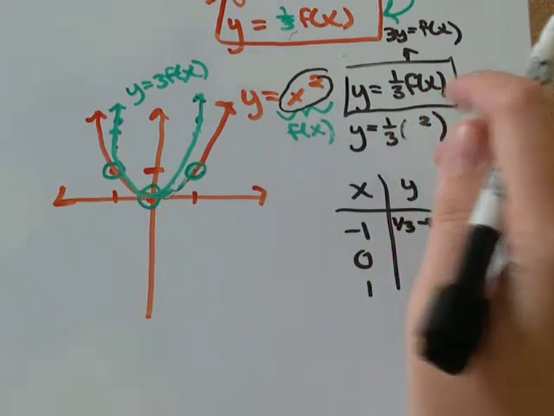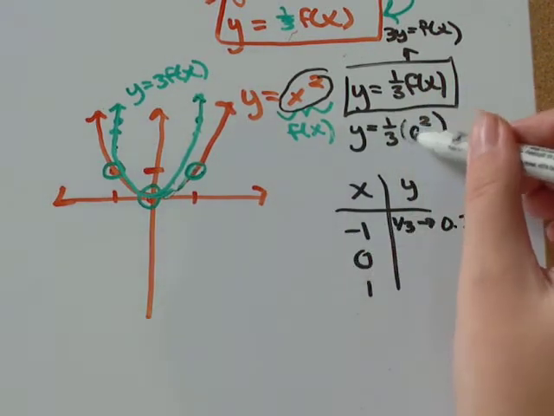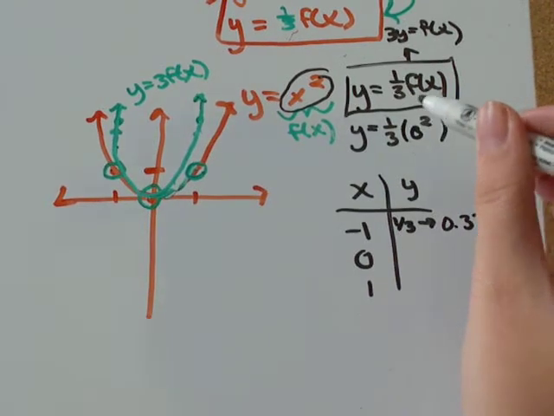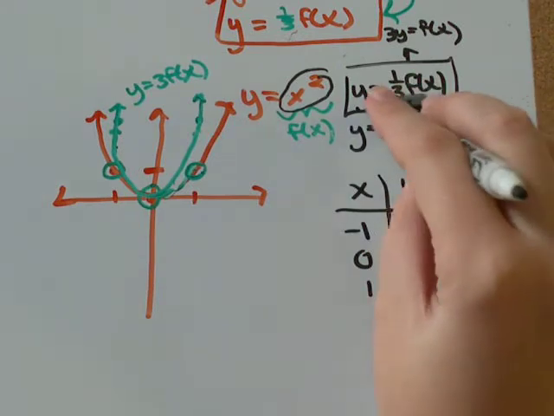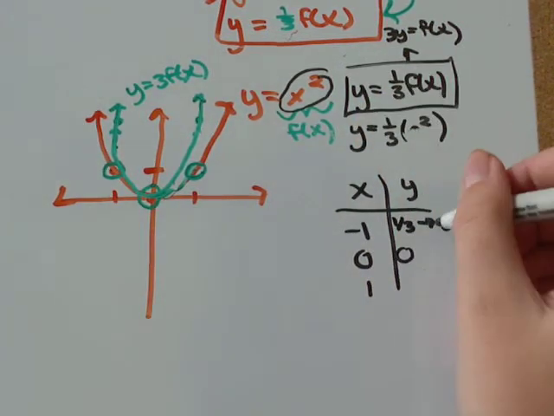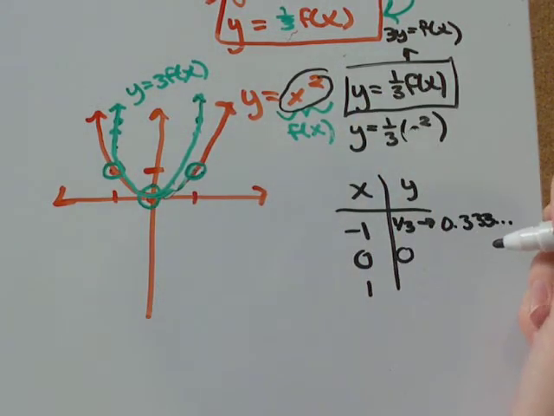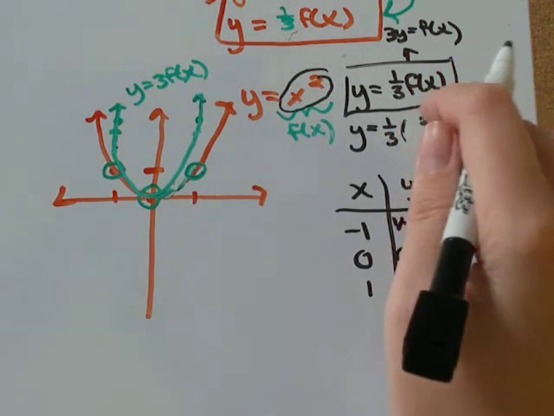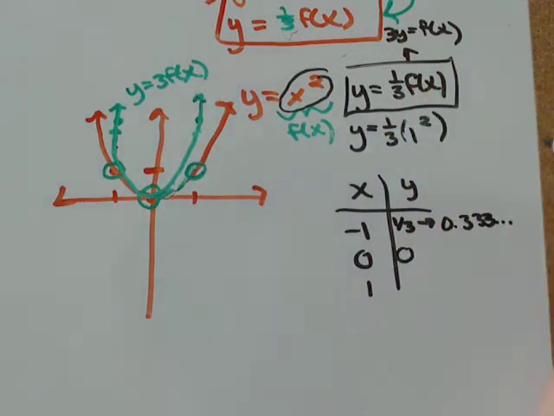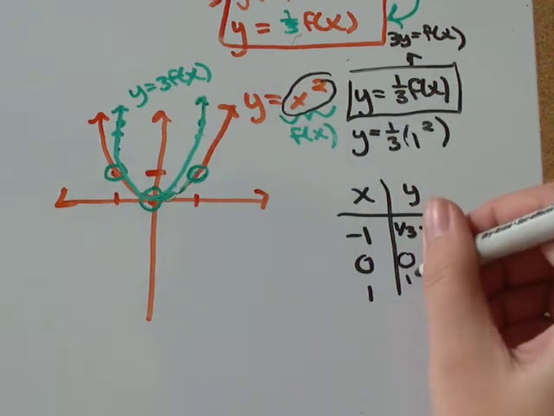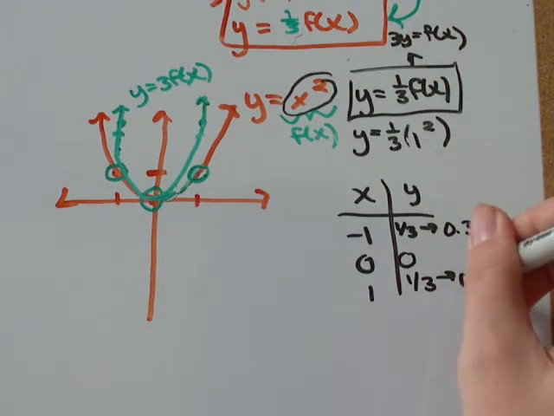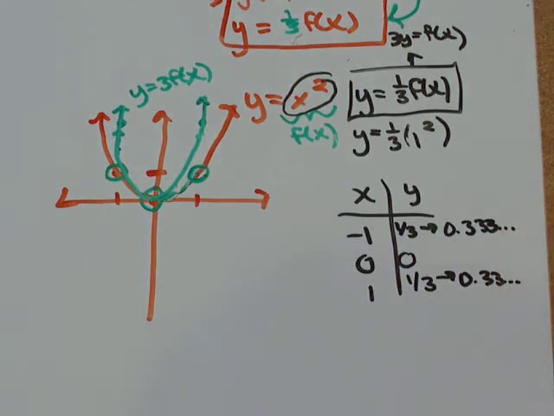If x was 0, 0 squared is 0 times a third, that's still 0. If x was +1, 1 squared is 1 times a third would just be 1/3 again, or 0.33 repeating.